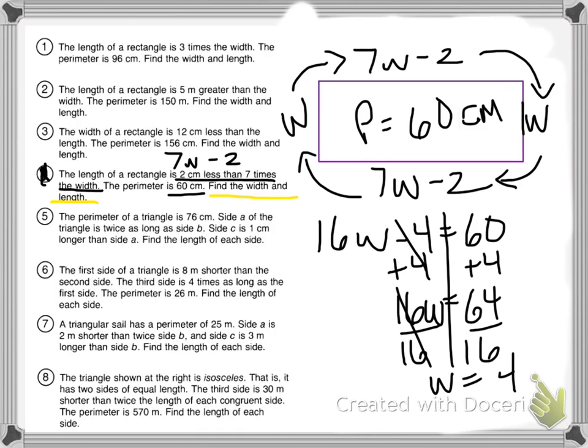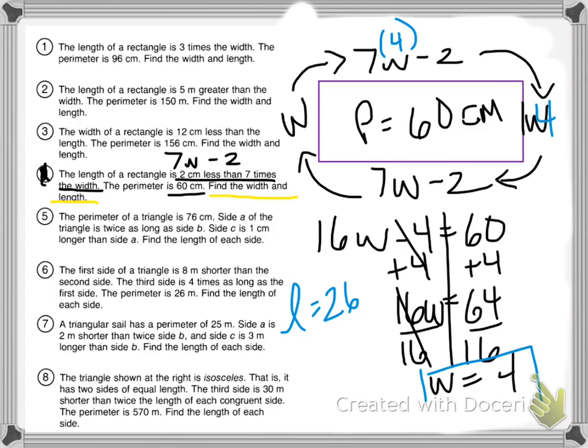Let me choose a different color so you can see the evaluating. I have a width of 4, which we already knew, so w is equal to 4. And I have 7 times 4 minus 2 gives me my length. So 7 times 4 is 28, minus 2 is 26. I have a length of 26.